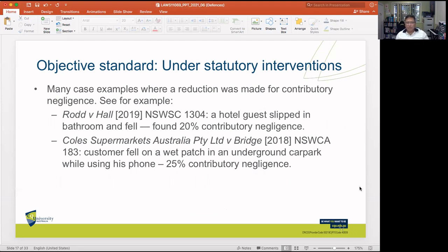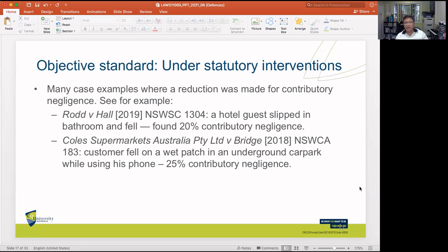And there are also many other case examples where a reduction was made for contributory negligence. For example, the case of Rod versus Hall. A hotel guest slipped in the bathroom and fell. In this particular case, the hotel guest had been staying in that hotel room for quite some time and was therefore familiar with the bathroom, whether it was slippery, whether there were problems with the tiles and so on.